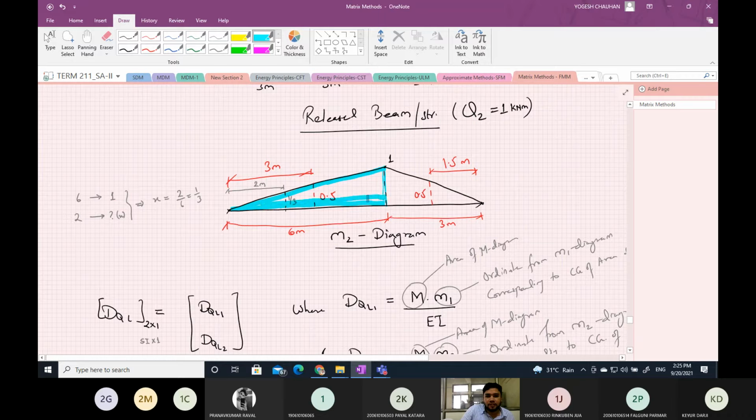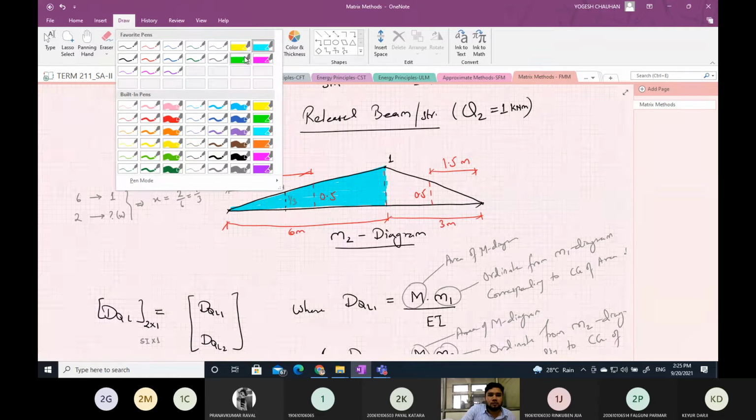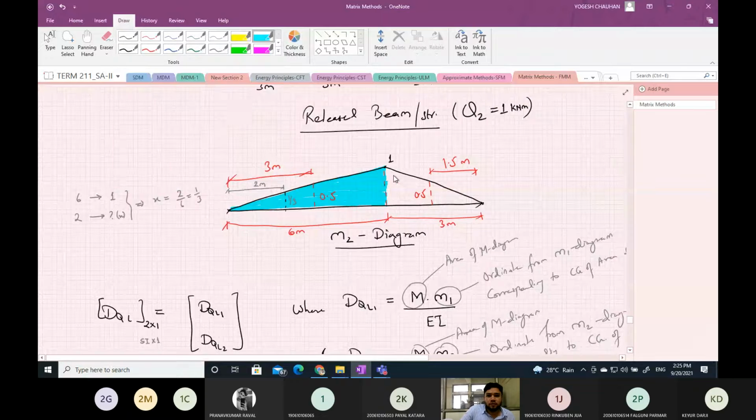So EI is 3 EI for this portion. And we take this triangle for the second segment.